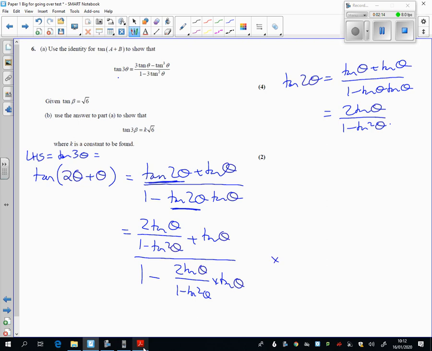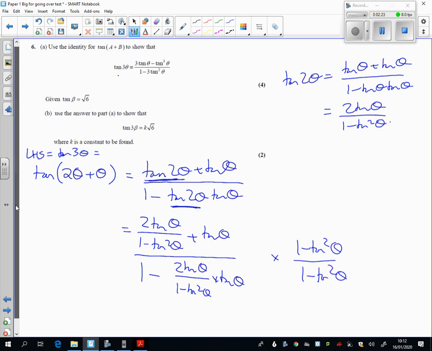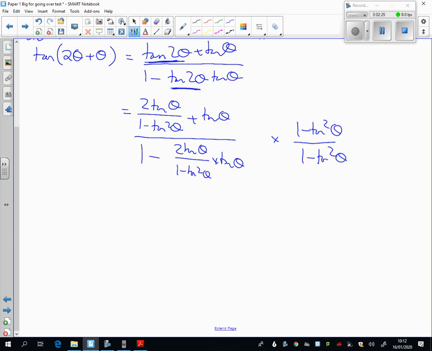Now, to tidy this up, I'm going to times by 1 minus tan squared theta over 1 minus tan squared theta. I'm timesing top and bottom by the same thing, so I'm not changing the value of it. Why am I doing that? Well, if I times the first thing by that, I just get a 2 tan theta.